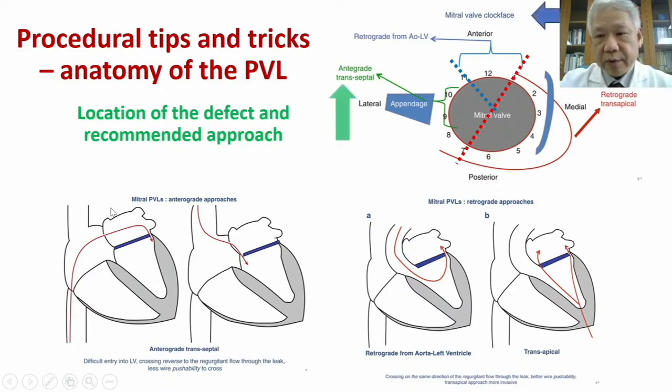For laterally located defects from 7 to 11 o'clock direction, transseptal antegrade or transfemoral retrograde approach will work. However, for medially located septal defects from 1 to 7 o'clock direction, transapical retrograde approach will be better.